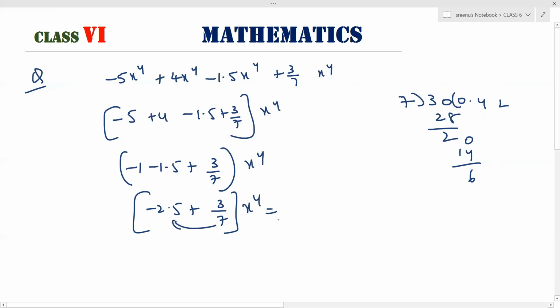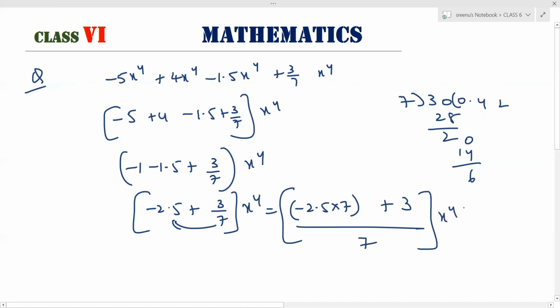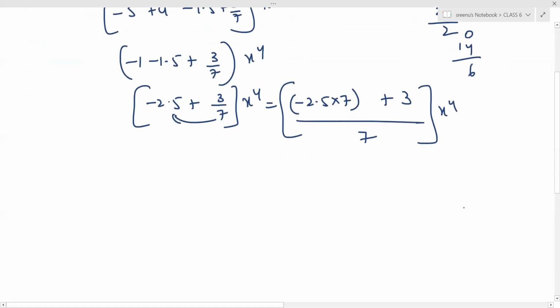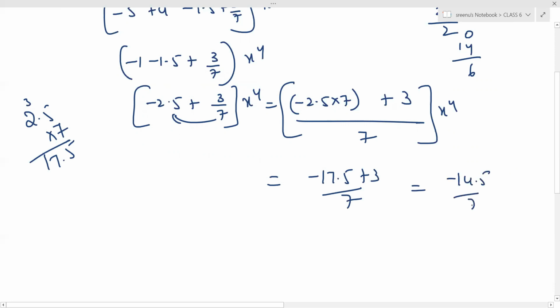Now take the cross multiplication: plus 3 by 7 x power 4. So 2.5 into 7 is 17.5, plus 3, so minus 17.5 plus 3 is minus 14.5 by 7.